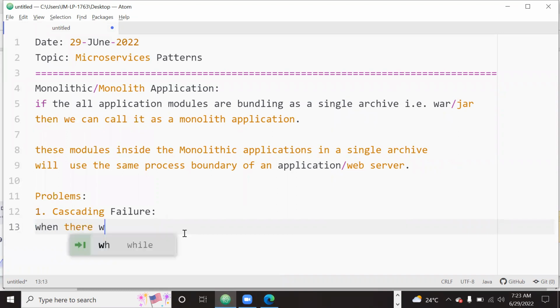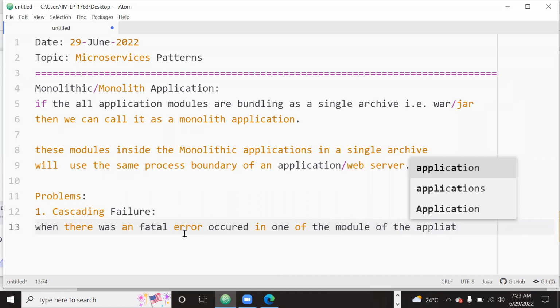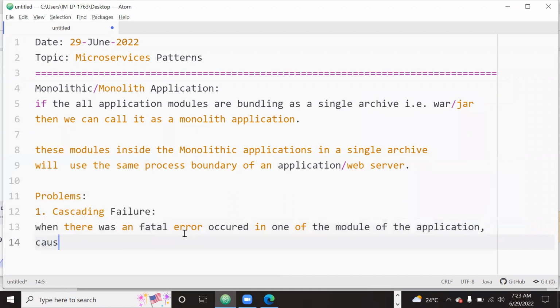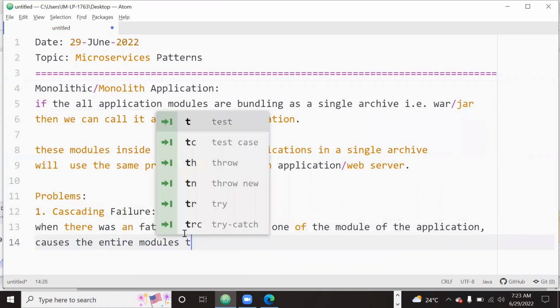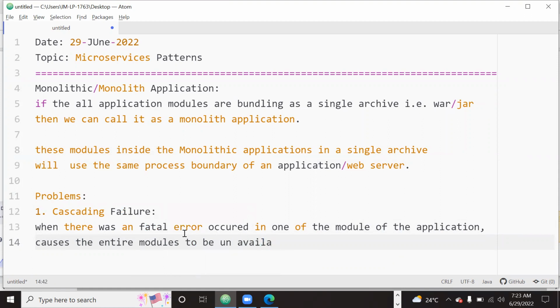When a fatal error occurs in one of the modules of the application, it causes all the modules to be unavailable by making the process killed.